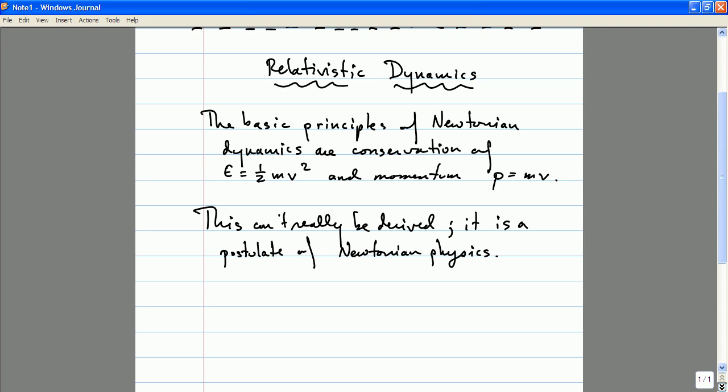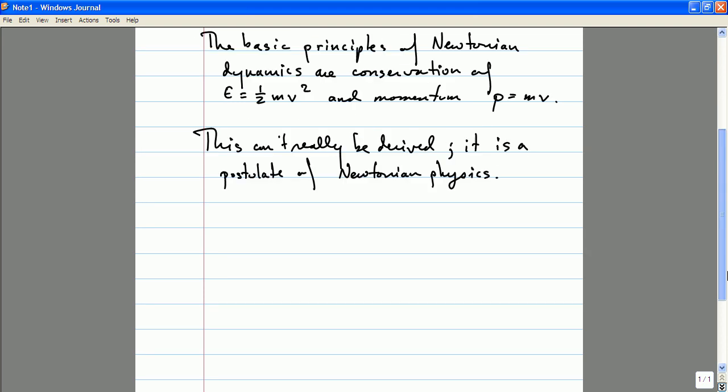And so this cherished set of principles is one that we would like to preserve when we move from Newtonian physics to special relativity. And it turns out that in special relativity, the energy and momentum of a system are still conserved, but they take a slightly different form.